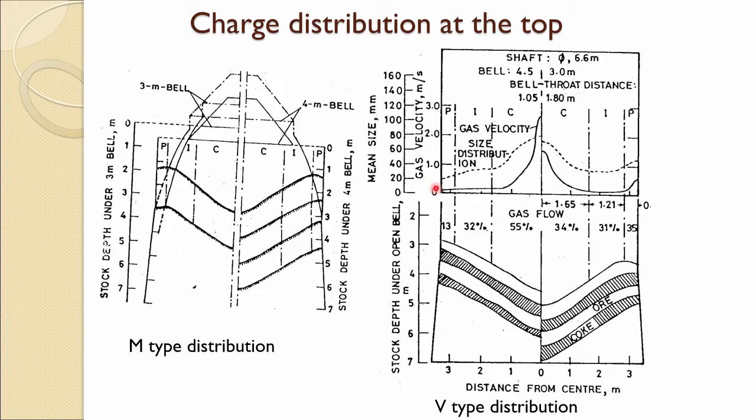Here it is almost 0, and here you are still reaching almost 0.5 meter per second. So, that will utilize the proper heat exchange and reduction potential of the gas. Mass transfer, all these are important for the reducing purpose. So, this M type is more preferred.